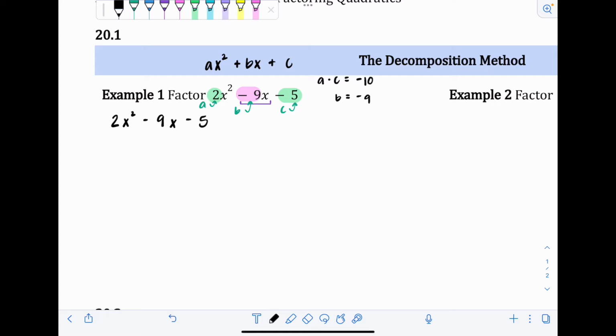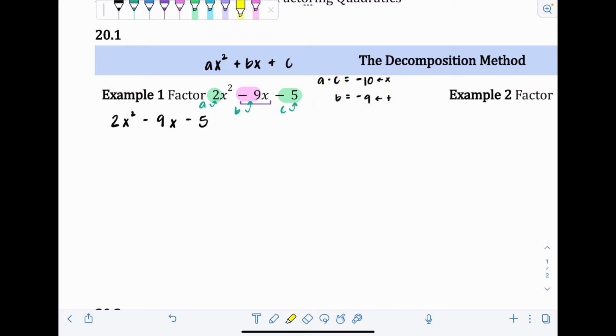Then I need numbers that multiply to that negative 10 and add up to negative 9. They're always going to multiply to a times c and add up to b. There's only ever one pair that works. If you ever feel like you find multiple pairs, there might be a little mistake in there.